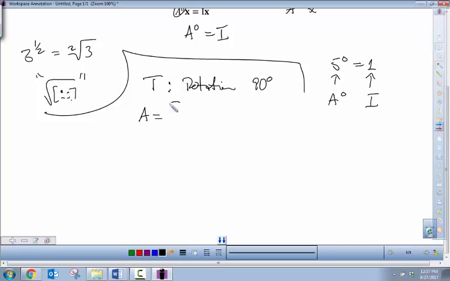Your A is going to be equal to cosine of 90 degrees, which is pi over 2, negative sine pi over 2, sine pi over 2, and cosine pi over 2.